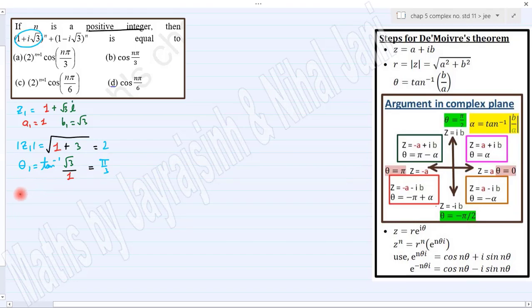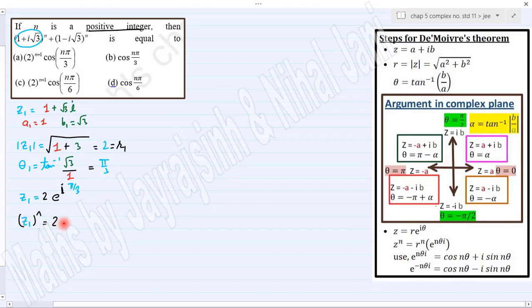So if we write down our complex number in exponential form, the modulus of the complex number is 2. So let's write down 2 and e raised to i times your argument, which is pi by 3. But as you know, we have to find z1 raised to n.